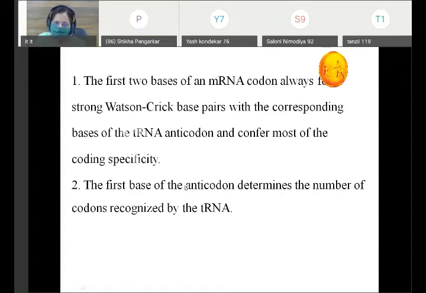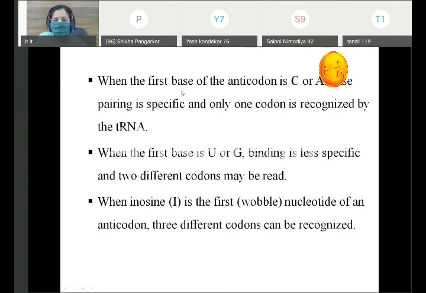So the first base on the anticodon, that means the pair of the third base on the mRNA, determines the number of codons recognized by tRNA. Basically the culprit is the third base present on mRNA, and it corresponds to the first base on tRNA. When the first base of the anticodon is C or A, the base pairing is specific and only one codon can be recognized by this tRNA.